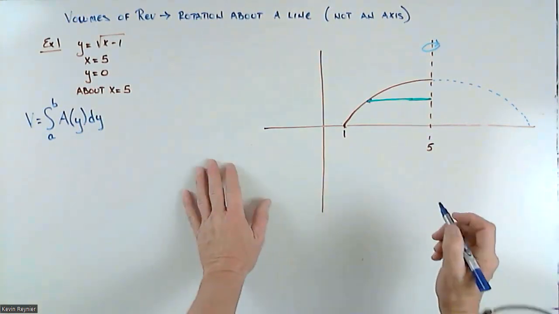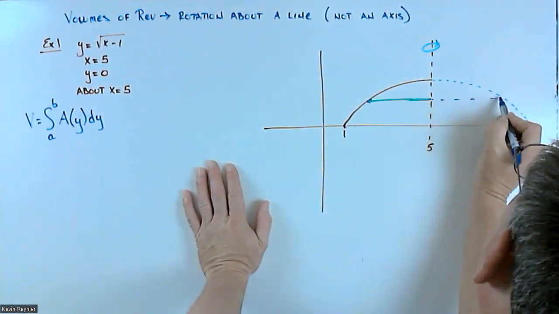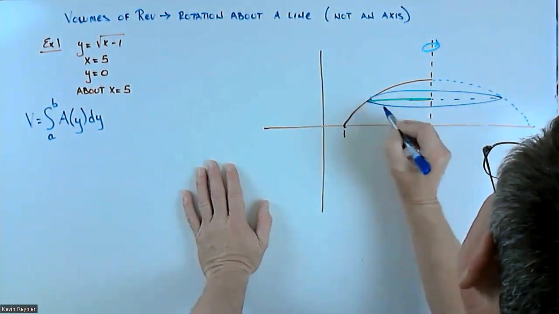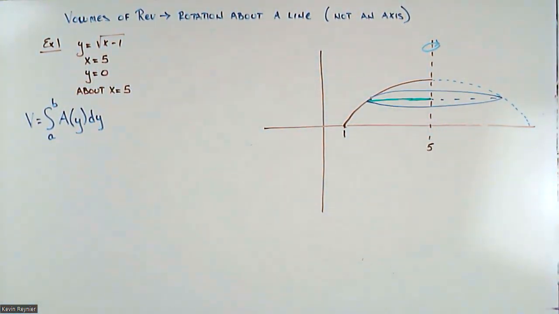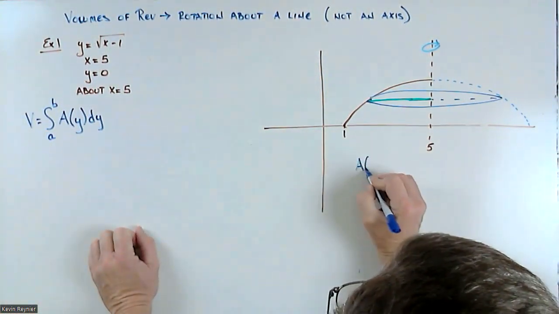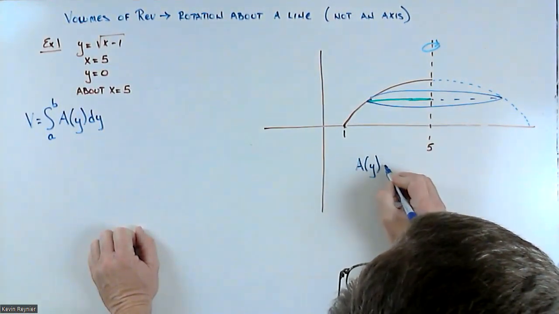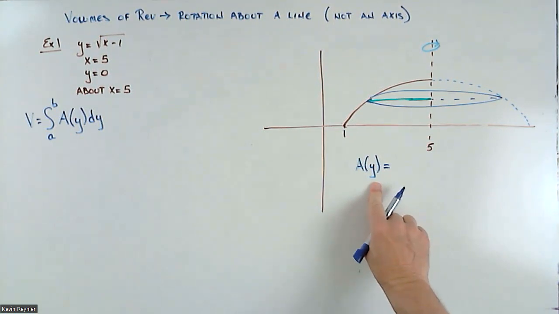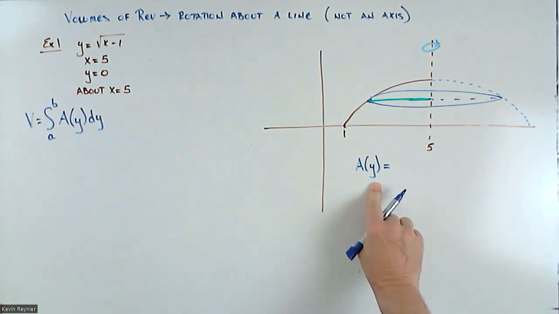Now I'm going to come over here. I can go ahead and draw my disk if that's going to make you feel better. So we have our disk. Now our job when we're doing a disk problem is to determine the area function. And again, I'm going to write down that I'm looking for the area with respect to y. Again, I get the redundancy, trust the process.